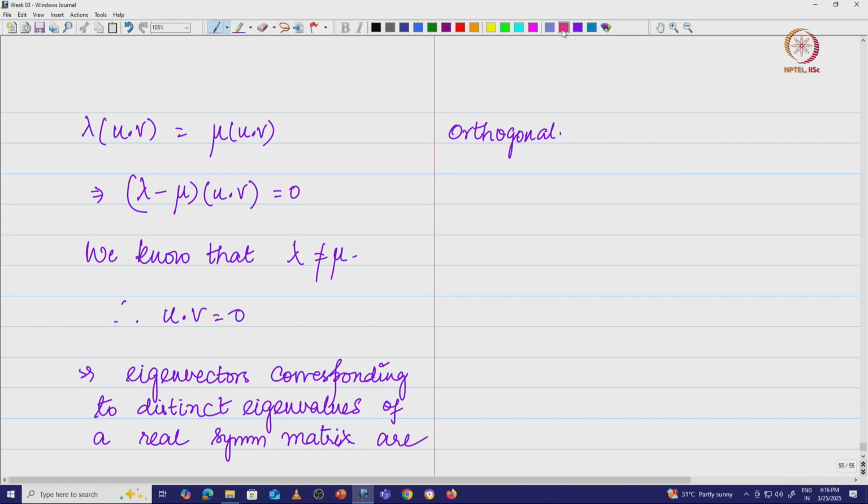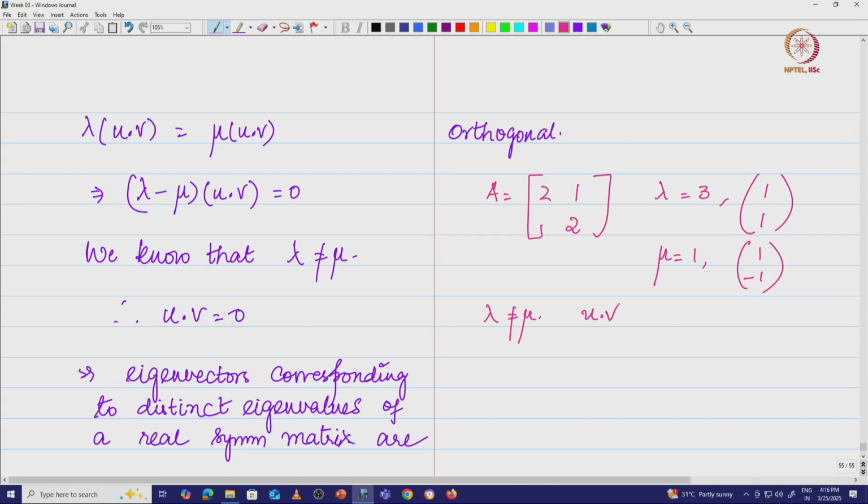Not surprising, we have already seen an example for this. We took A to be 2 1 1 2 and we had lambda equal to 3 and the corresponding eigenvector 1 1, and we had mu equal to 1 and the corresponding eigenvector 1 minus 1. Now lambda is not equal to mu, so take this as u and this as v: 1 1 dot 1 minus 1 is 0.